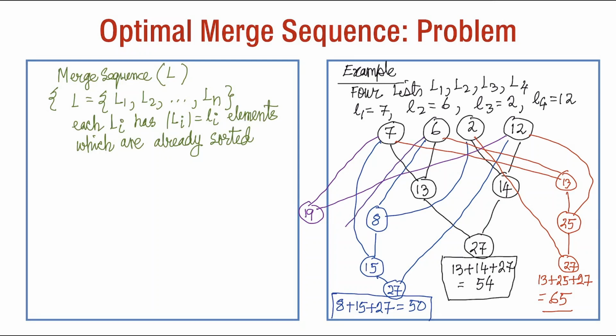That we add with 6, we get 25, and that we add with 2, we get 27. As you can see, this will be even larger, and this will yield 61 computations. So there is a question of doing it in an optimal manner.